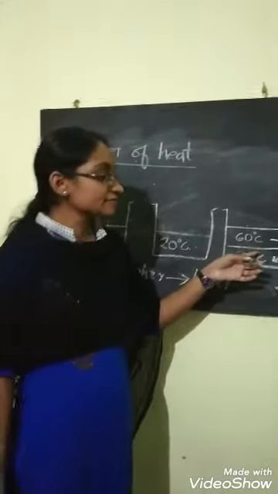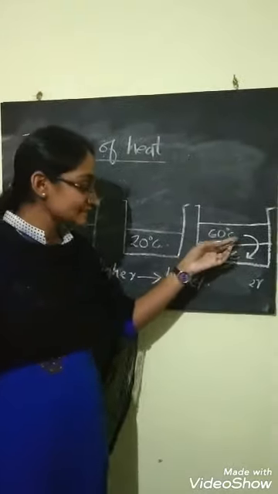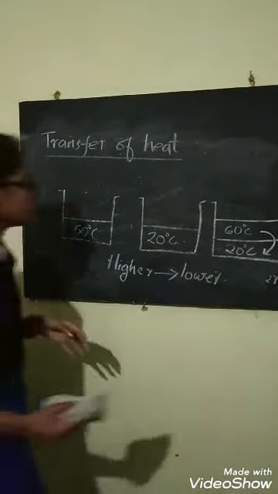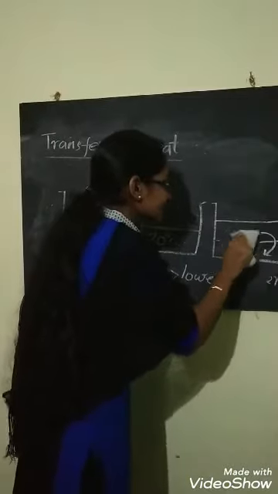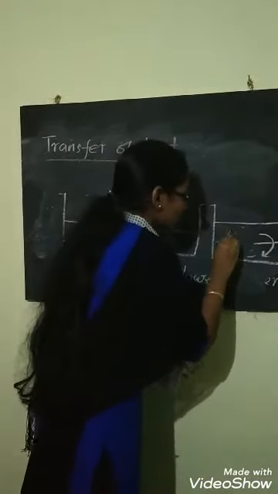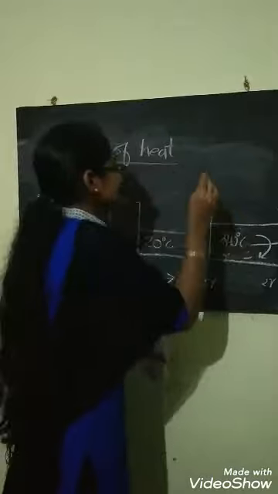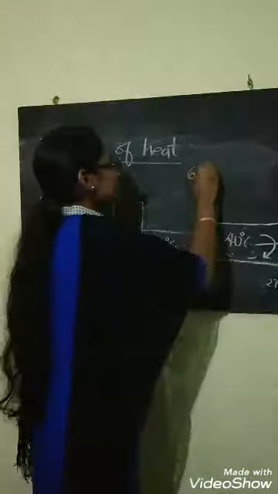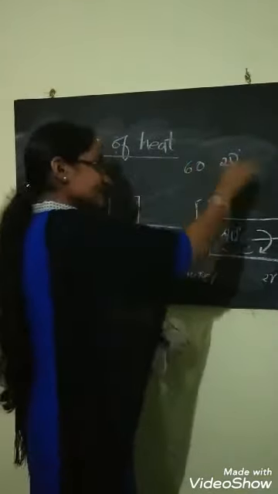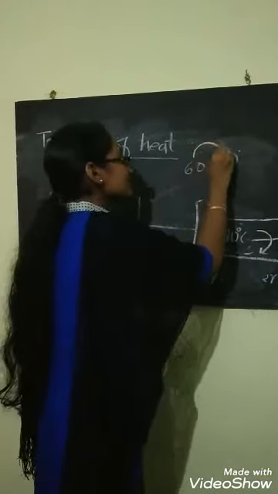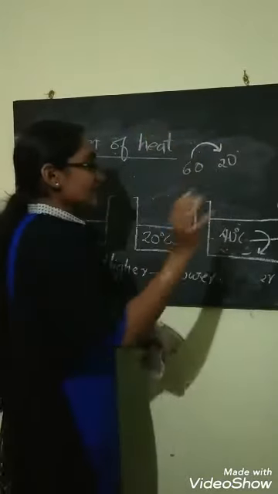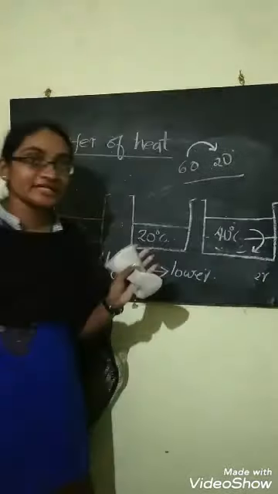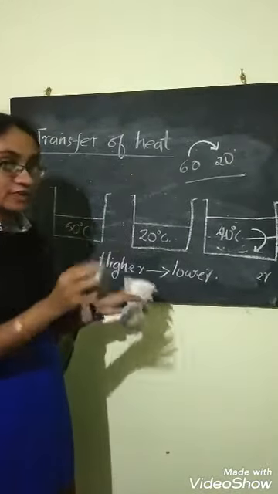So, after some time, what happens? This liquid will mix and we get a temperature of 40 degrees Celsius together. That is, what is happening here? It is the average. The 60 and 20 get mixed and the 20 gets this extra heat. And when they get an equal value, then no heat will flow from one to another.